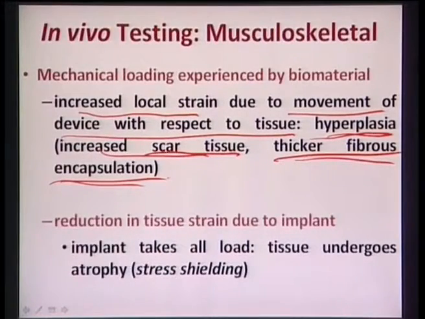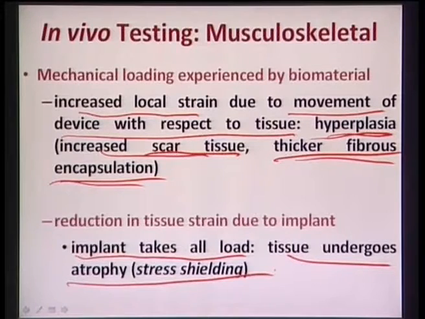Now, the second point that has been mentioned here is reduction in tissue strain due to implant. If the implant takes all the load, then tissue undergoes atrophy, like stress shielding. What it means, as I said, is that if there is a large mismatch in elastic modulus between the tissue and the implant, and if the implant has much higher modulus than the tissue, then the implant will carry most of the load, not the tissue, and as a result the tissue will undergo atrophy.